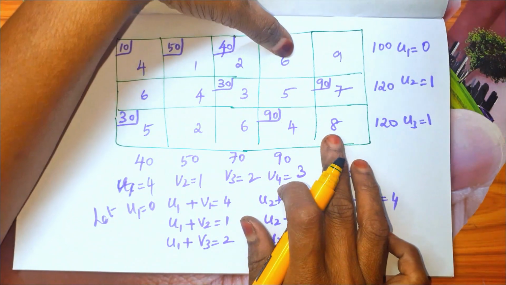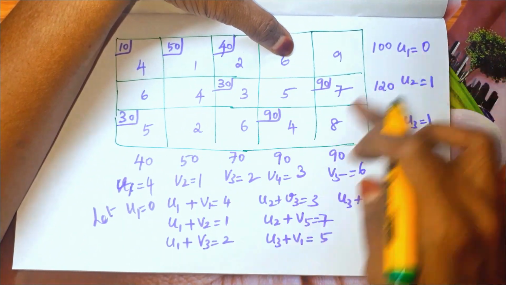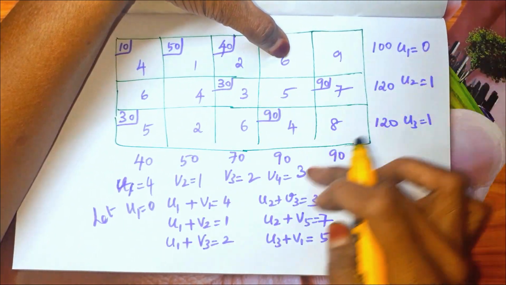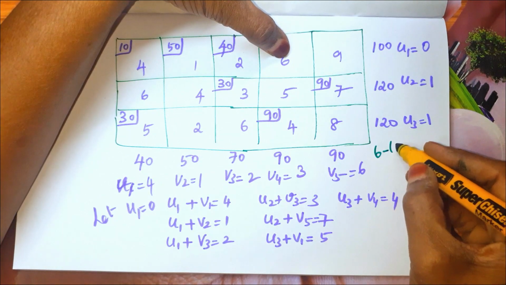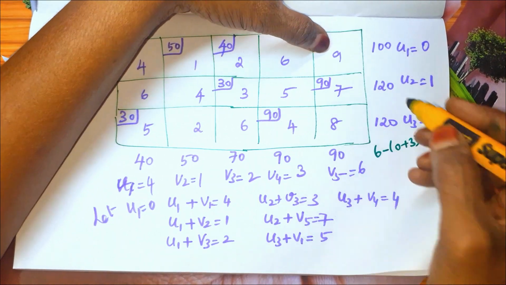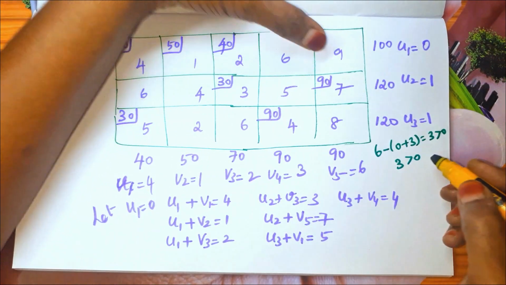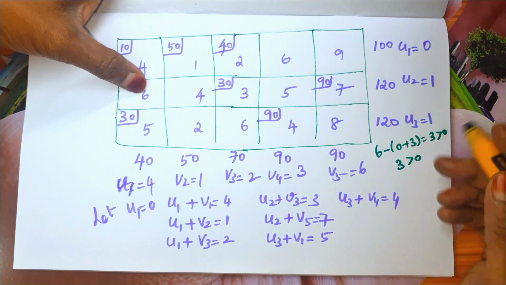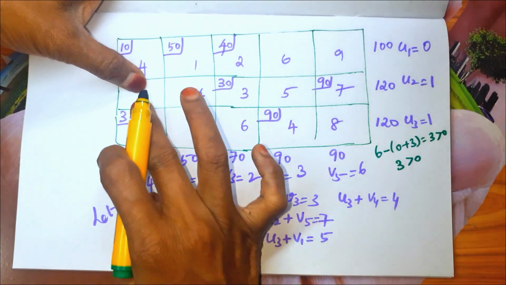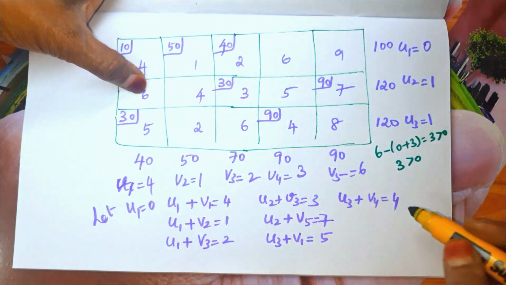For example, if I take this one, cost minus the sum of these two: 6 minus (0 plus 3), it is 3, greater than 0. For this, 9 minus (0 plus 6), it is 3, greater than 0. This is 6 minus (1 plus 4), which is 6 minus 5, also greater than 0.